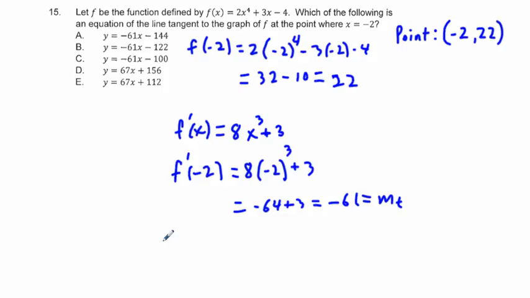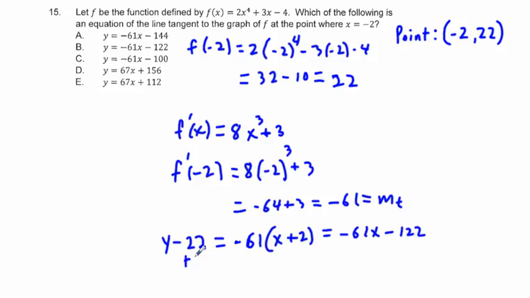So using our point-slope form, we're going to have y minus 22 is equal to our slope, -61, times the quantity x plus 2. On the right side, that's going to be equal to -61x minus 122.